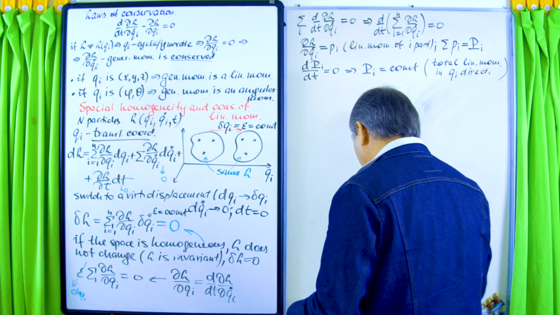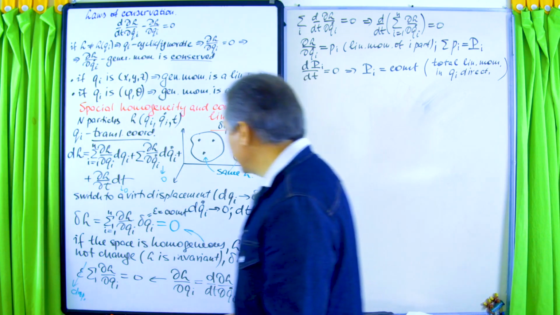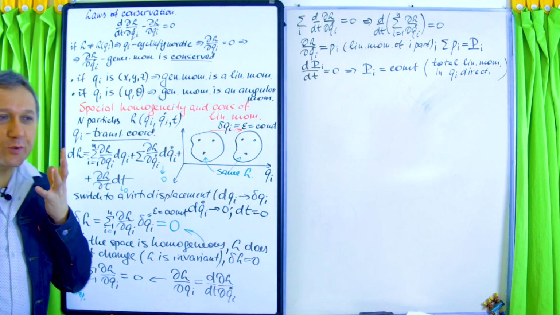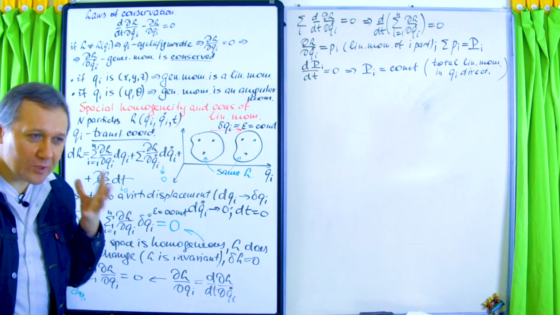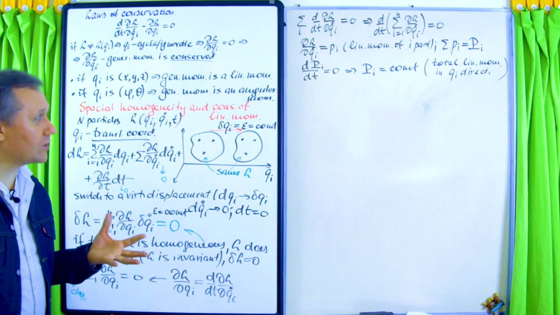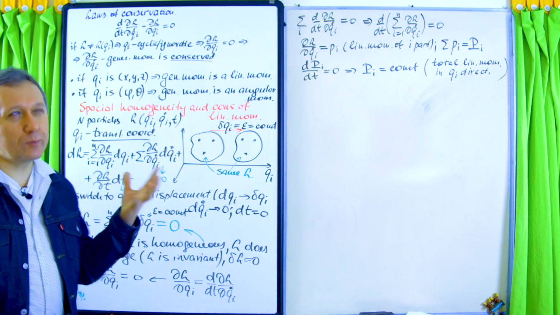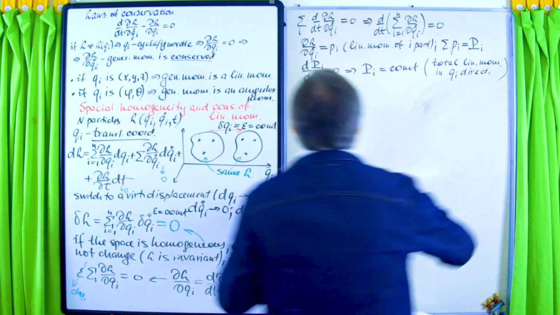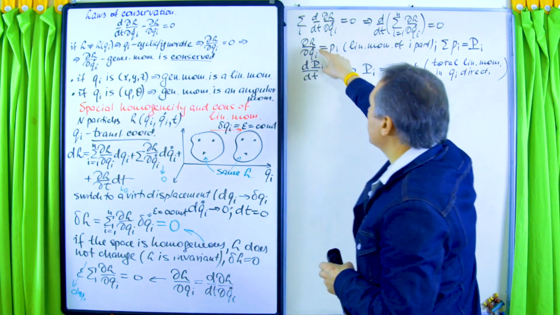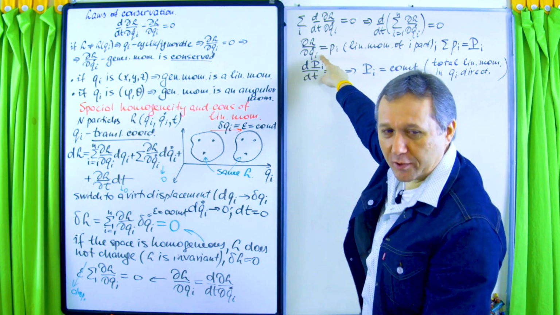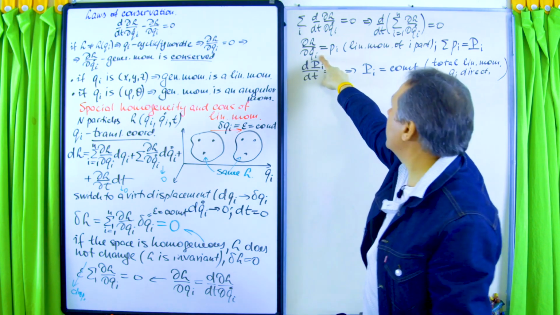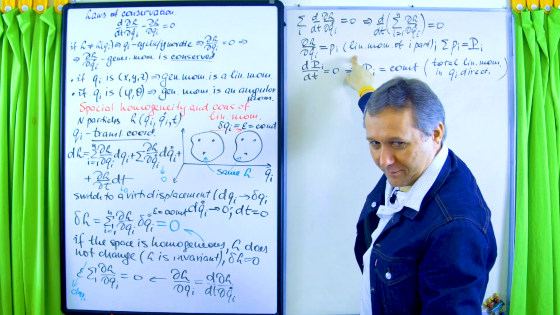Now, the next step, maybe not so naturally, is that we used something which we did not prove or justify. Look at what we used: the partial derivative of L with respect to generalized velocity is a linear momentum.